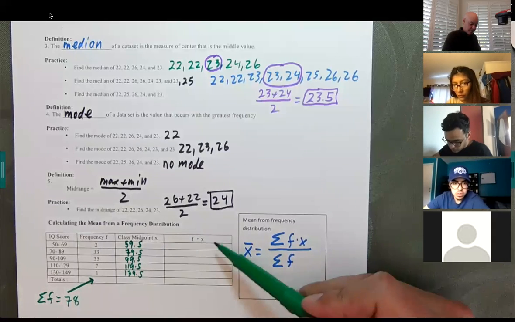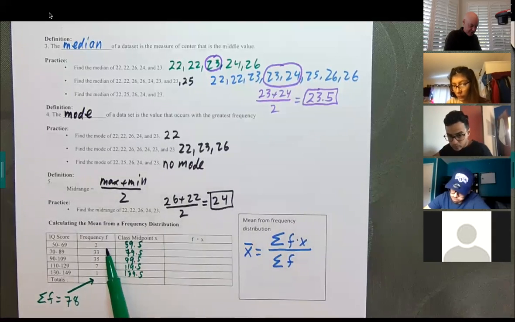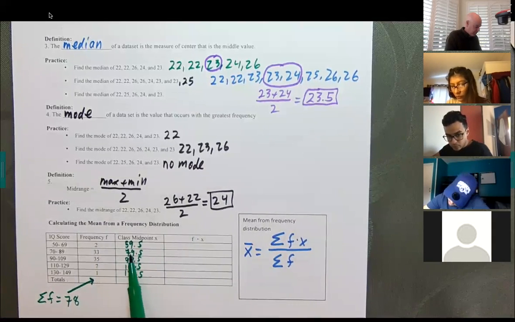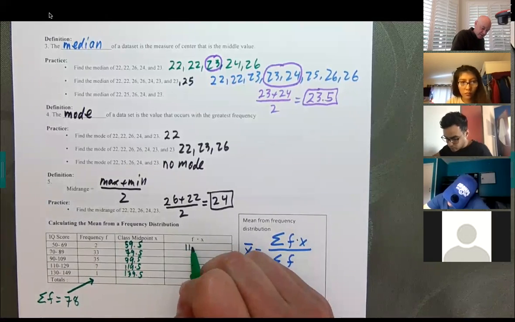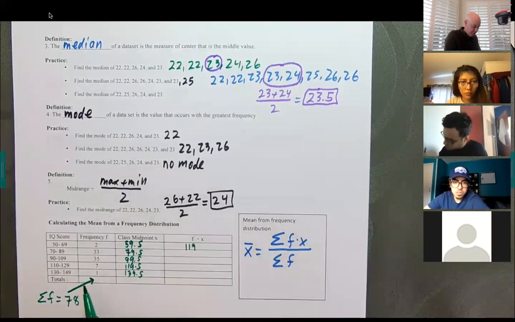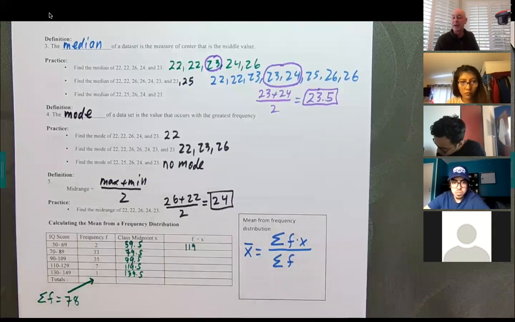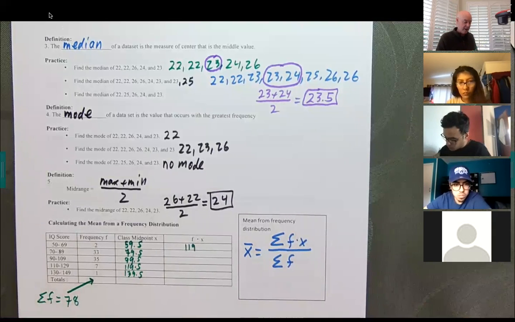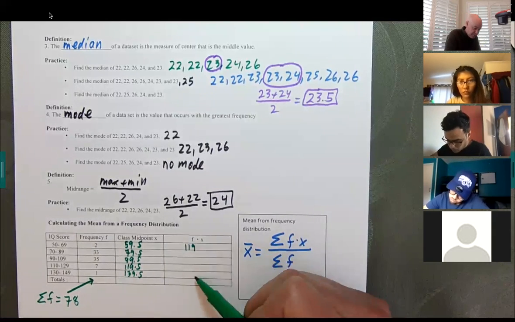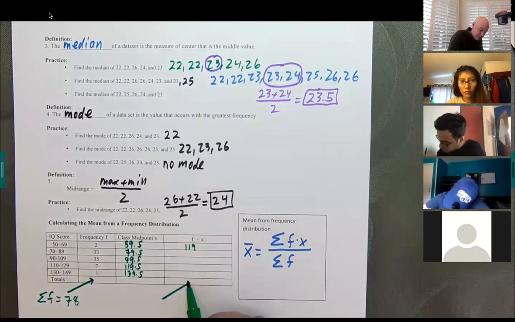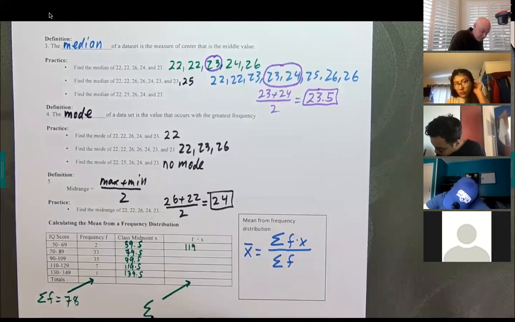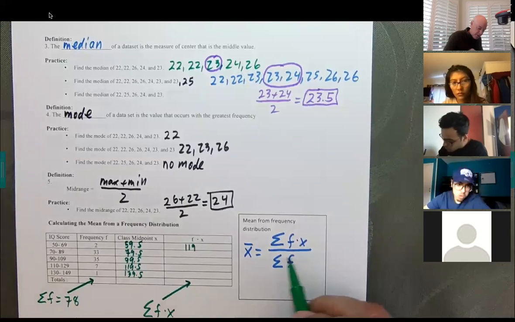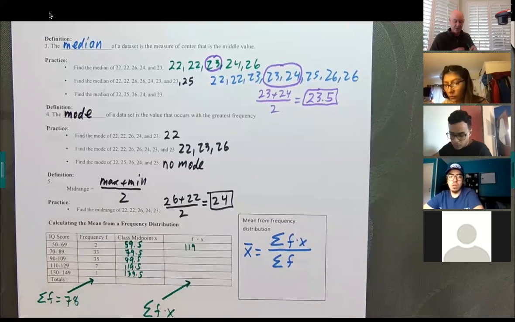Now this column is going to have f times x. So 2 times 59 and a half is 119. 33 times 79.5 and so on. I'm going to have you fill that in. And then when you're done, I want you to add up all of these because what's going to go right here is my numerator. I'll give you a few minutes to do that.